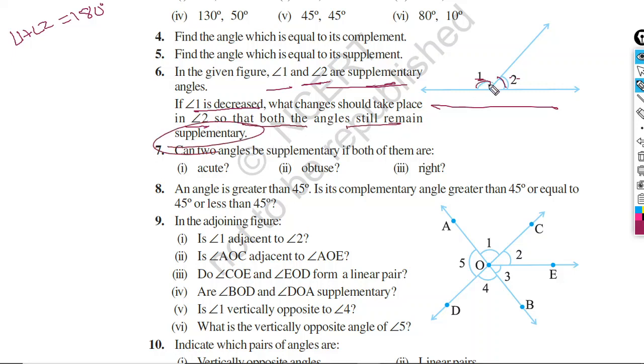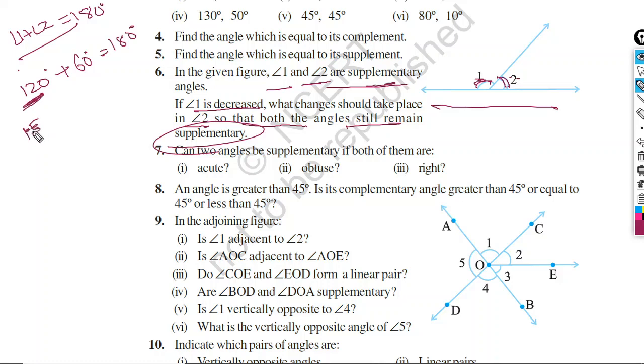Now you see, angle 1 plus angle 2 is 180 degrees as they are supplementary. If angle 1 is decreased, let's take an example. Suppose angle 1 is say 120 degrees plus angle 2 will be 60 degrees, equal to 180 degrees, as both are supplementary. Now you decrease angle 1 by 10 degrees.